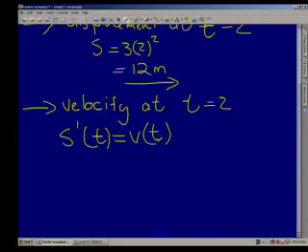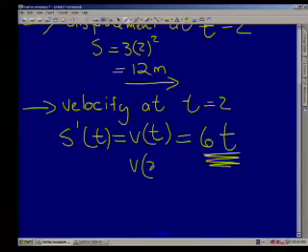I'm now taking the derivative of 3t squared, and that gives me 6t. So my velocity is described by the equation 6 times t, and if I then want to know what is the velocity at 2 seconds, I'm quite simply going to substitute 2 in the place of t, and that gives me 6 times 2, which is 12 meters per second.